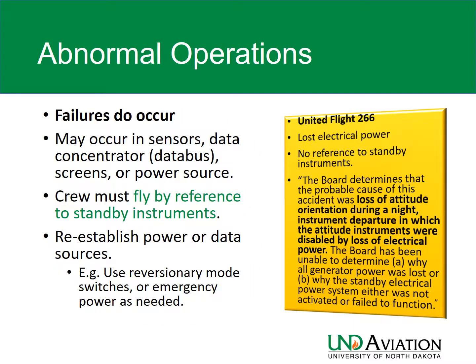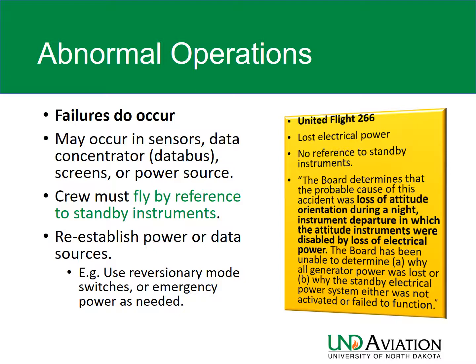I wanted to mention, we talk about data flow, and in your lessons you're going to learn more about this, but you have to know failures do occur. And the failure, as we saw in the previous diagram, could occur in a sensor, a data concentrator, a screen itself can fail, or even your power source.